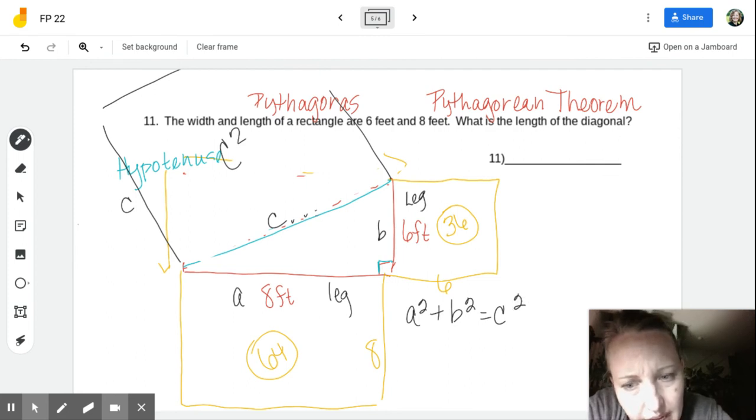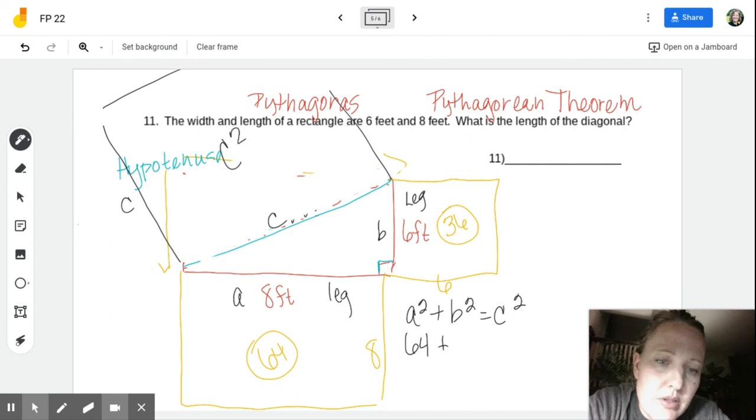And we figured out A was 8, so 8 squared is 64, and B was 6, and those are interchangeable. I could have switched those around. Plus 6 times 6, which is 36, is equal to C squared.